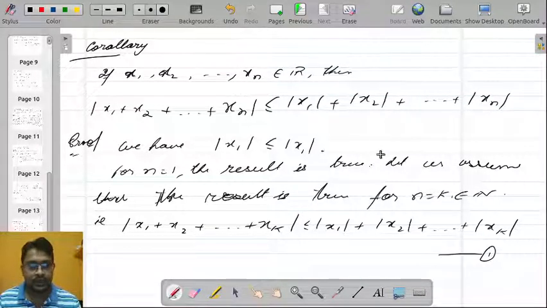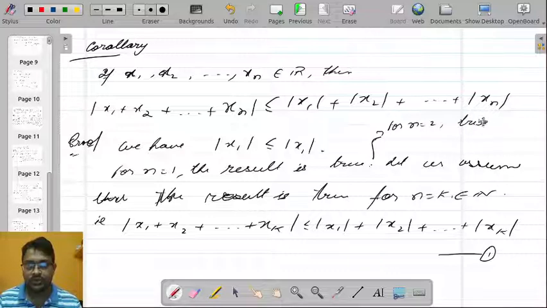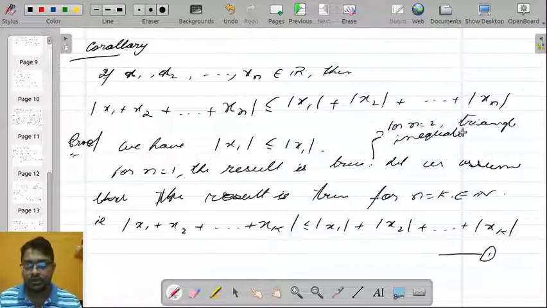For n equal to 2, the triangle inequality gives mod of x1 plus x2 is less than or equal to mod x1 plus mod x2. Since we have written it as a corollary, we have to use it somewhere here.